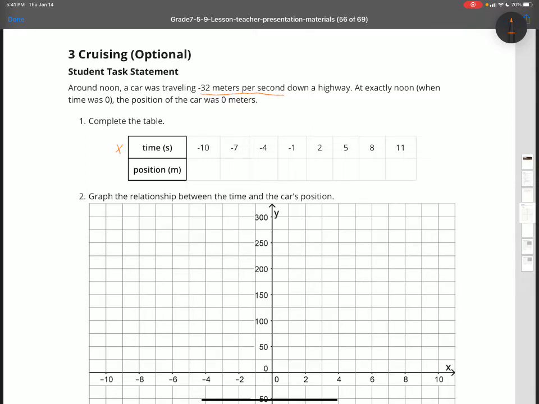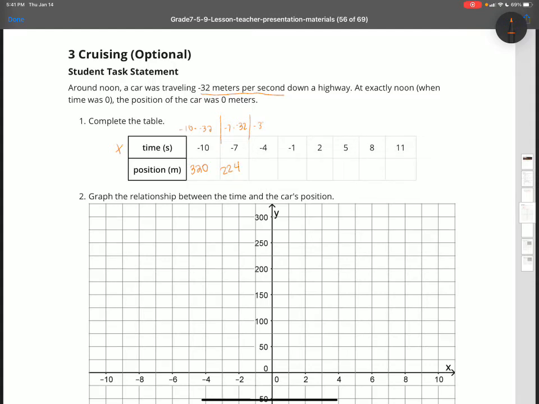So negative 10 times negative 32 is going to equal a positive 320. The next one is negative 7 times negative 32, which gives me 224.